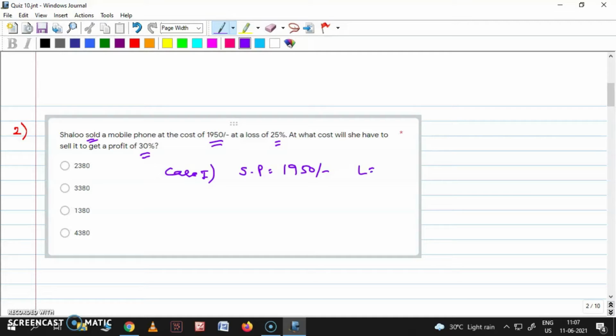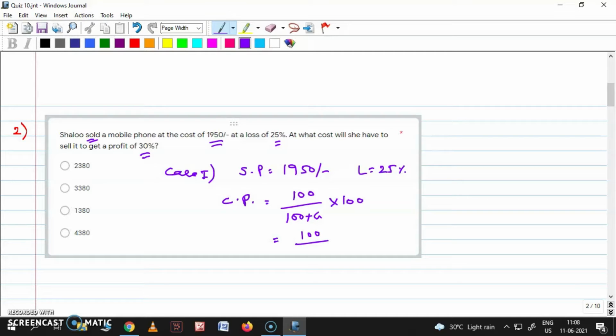So now our job is to identify the cost price, which is equal to 100 divided by 100 plus gain or loss, into selling price. Loss means it should be minus, right?